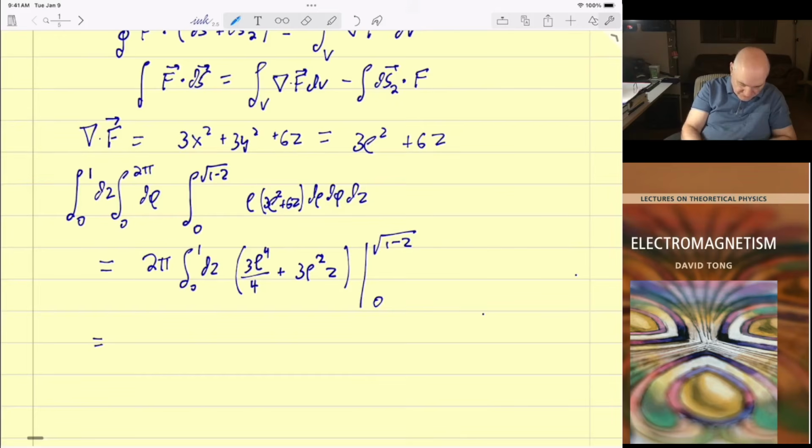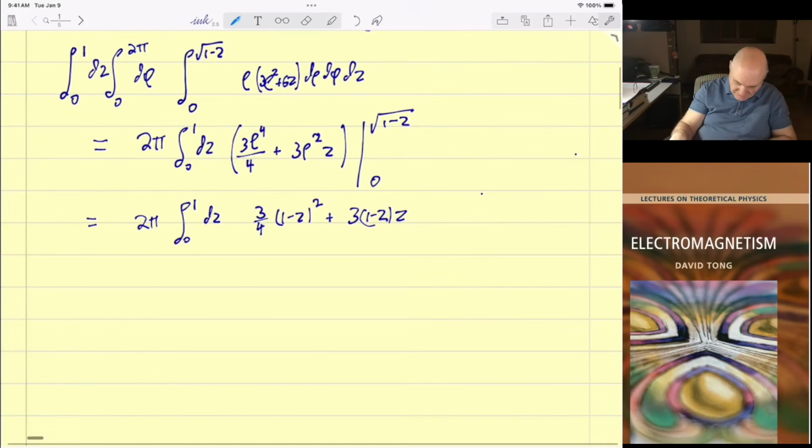So this is equal to 2 pi, the integral from 0 to 1 of dz. Oh, I have 3/4 (1 minus z) squared plus 3 (1 minus z). So let's integrate that. This is an easy integral.